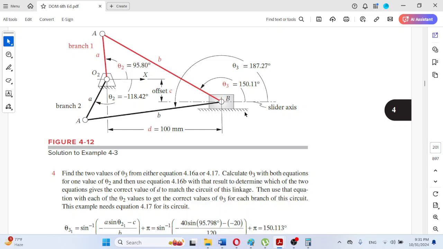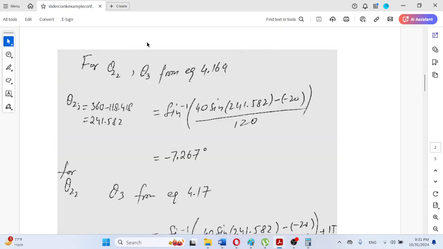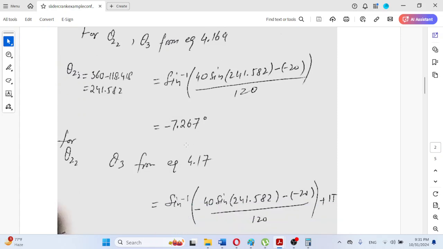So that means this angle is also incorrect. So equation 4.16 is giving an incorrect value.